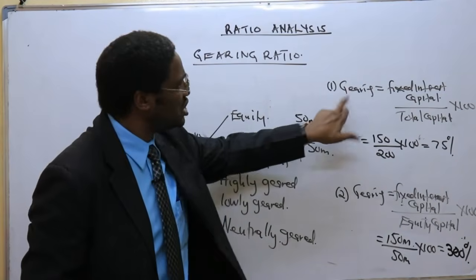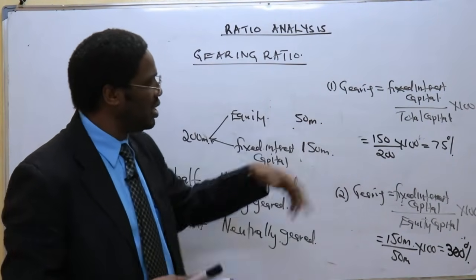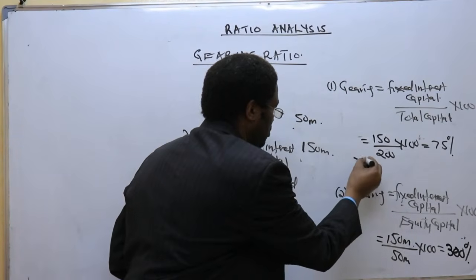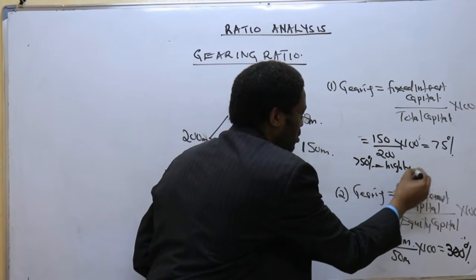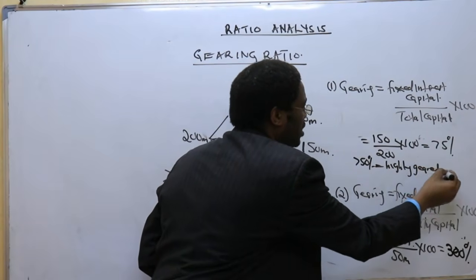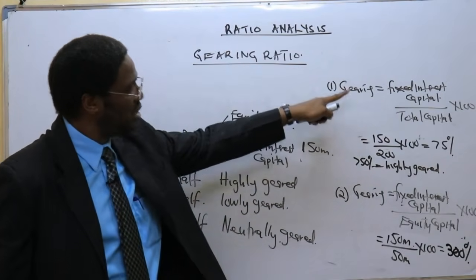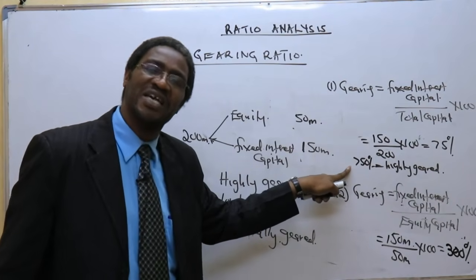When you're using this formula, anything more than 50% for this formula, you will say the company is highly geared. Anything more than 50%, you conclude, when you're using the first formula, the company is highly geared.